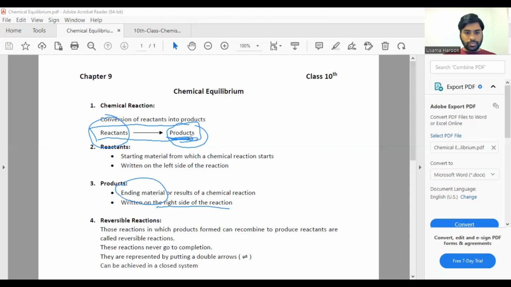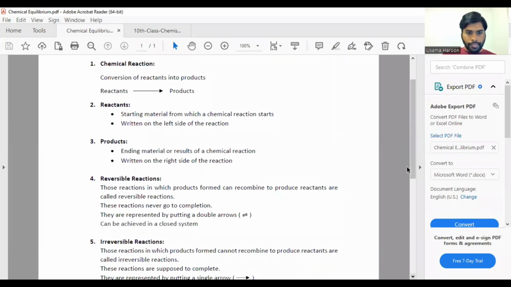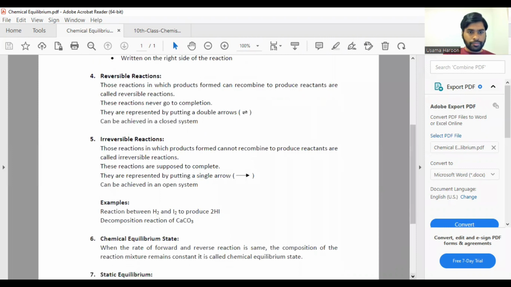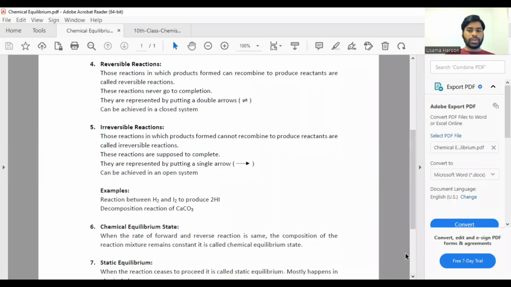So now let's move on towards the next part. Let me just wait, I have to stop the annotations. So moving on to the fourth definition, that is reversible reaction. There are two types of reactions discussed in your book.